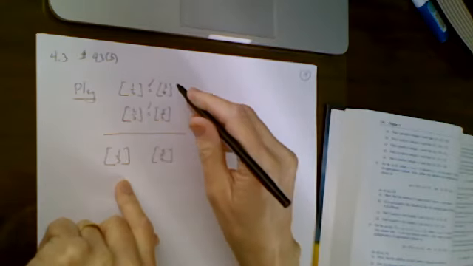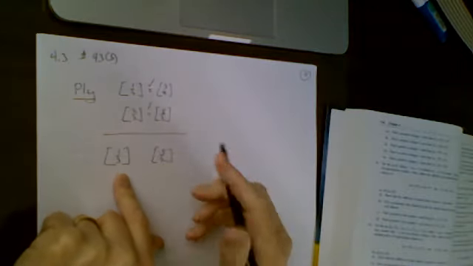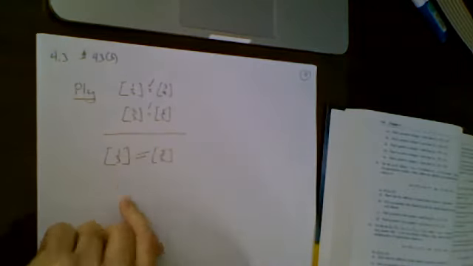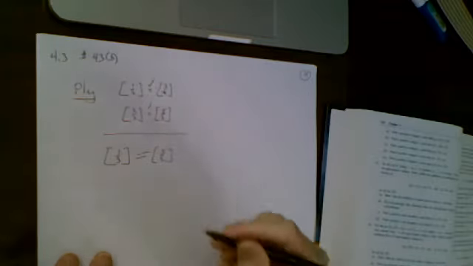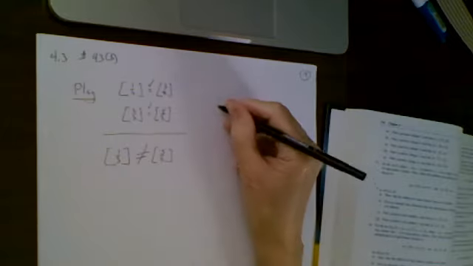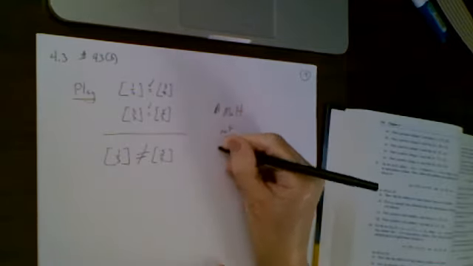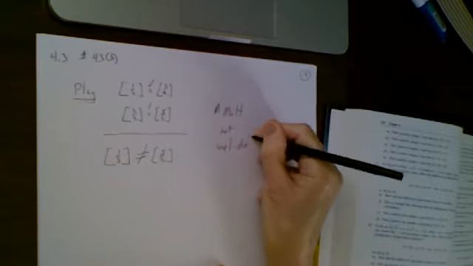This becomes the class of 5/2. 1/3 and 5/2 do not differ by an integer. So in other words, we changed the names of the classes and we got different answers. So multiplication is not well defined.